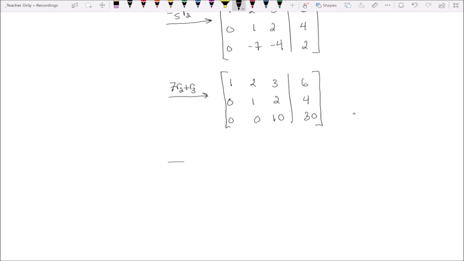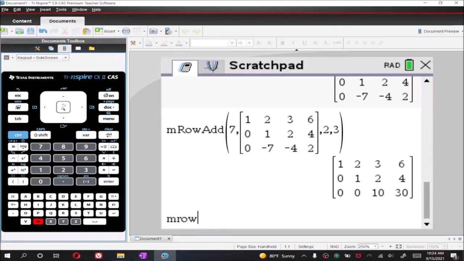All that's left is now to multiply row 3 by 1/10.